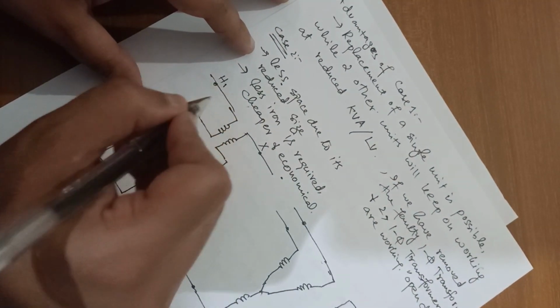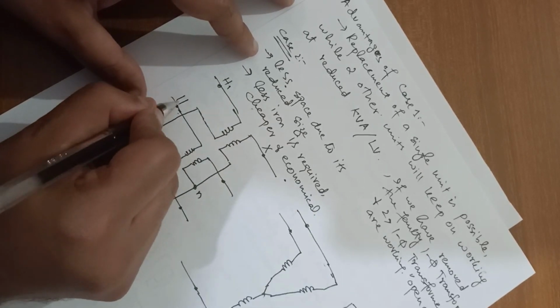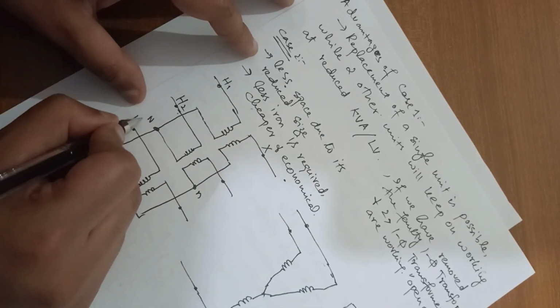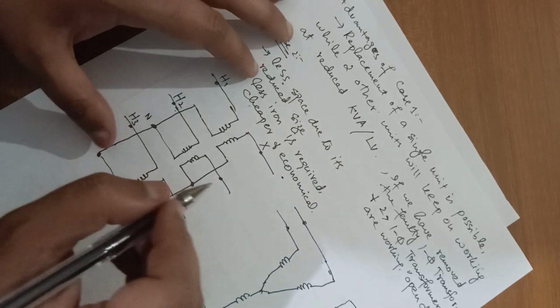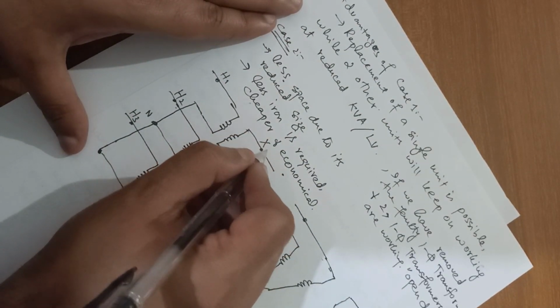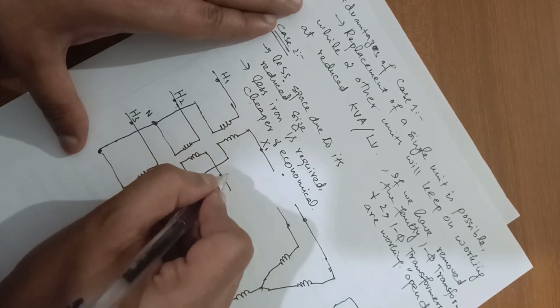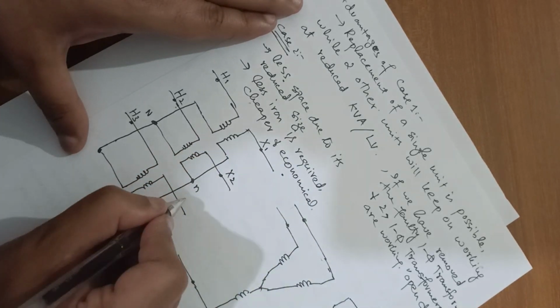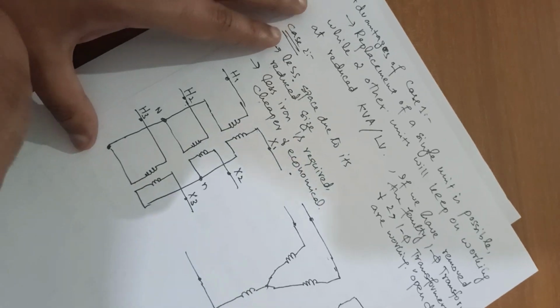So this is H1, H2, and here we have H3, and likewise on the secondary side, this is x1, this is x2, and here it is x3.